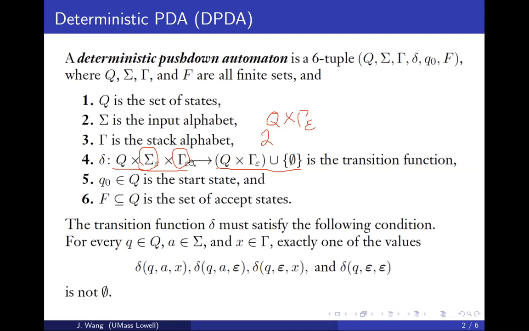For a deterministic PDA, we emphasize that among these four choices, exactly one will not go to the dummy node, the empty set. The other three go to the dummy, which doesn't go out, like a sink. That is a deterministic PDA from the definition.